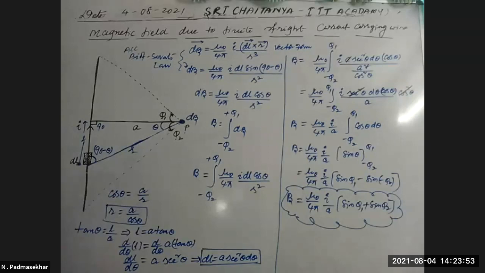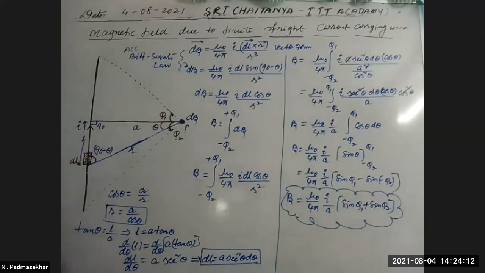See, tan theta is equal to L by a, and it is differentiated with respect to theta. d by d theta of L is equal to d by d theta of a tan theta. So dL by d theta is equal to a secant square theta, and dL is equal to a secant square theta d theta.